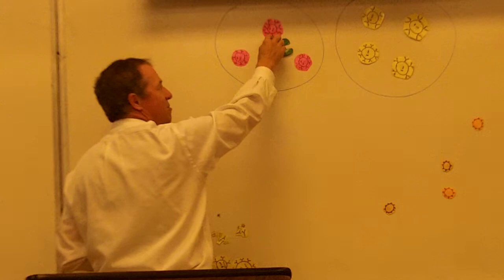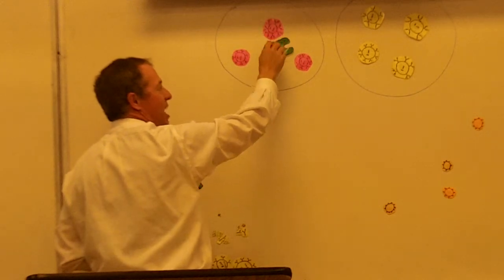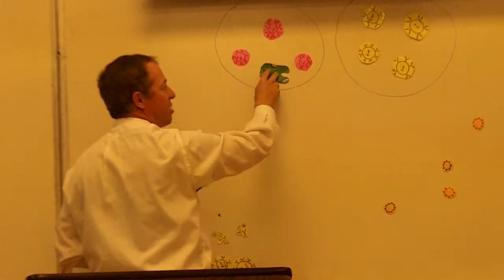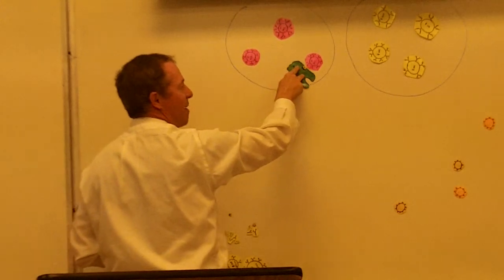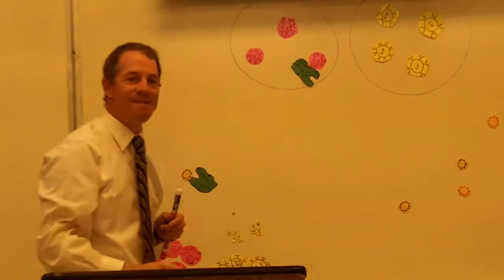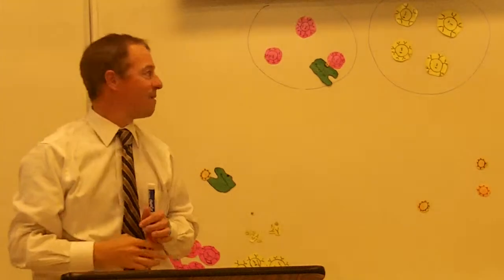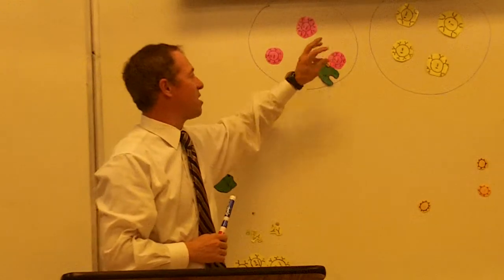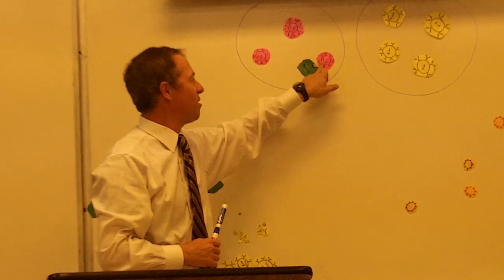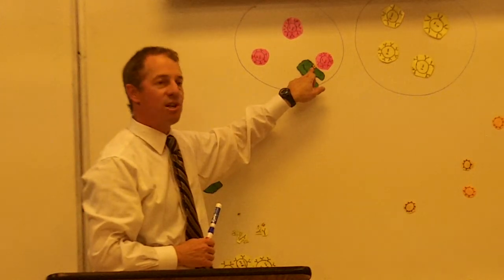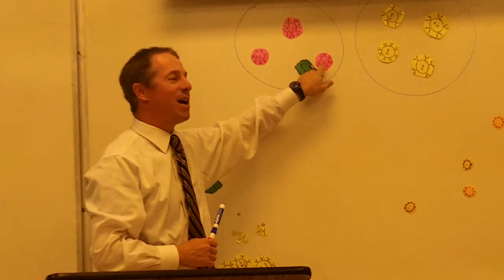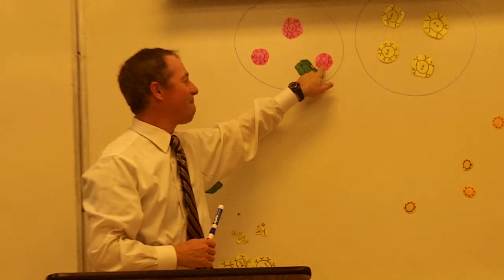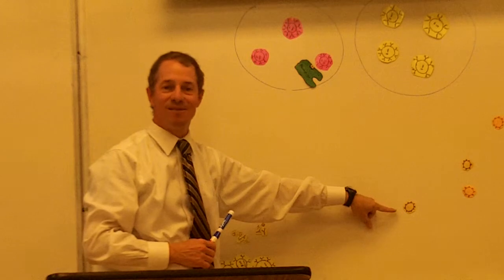The receptor has to be exactly the right shape to match the antigen. And those don't match. And these don't match. But this one matches. There's a T cell somewhere in your body that has the receptor that matches this antigen. Basically, this T cell has been waiting your entire life to kill this virus.